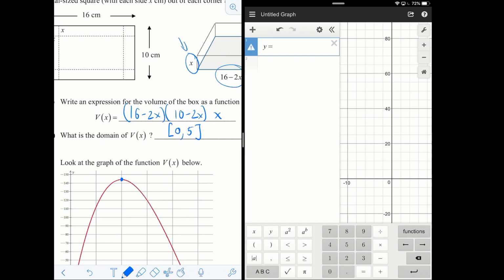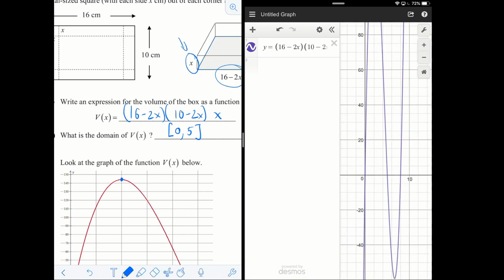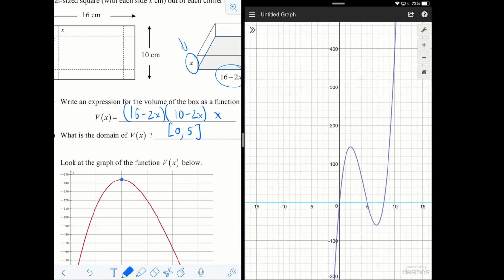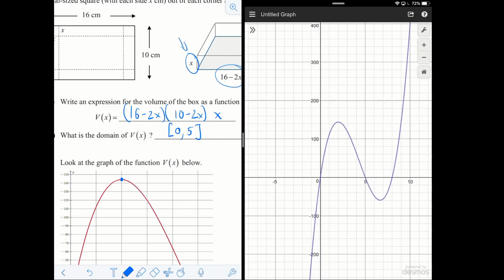So I'm going to type in the equation: y equals parentheses 16 minus 2x, close parentheses, parentheses 10 minus 2x, close parentheses, and then an x again. You'll notice that this graph looks like our cubic function. And to tell you the truth, it is a cubic function.